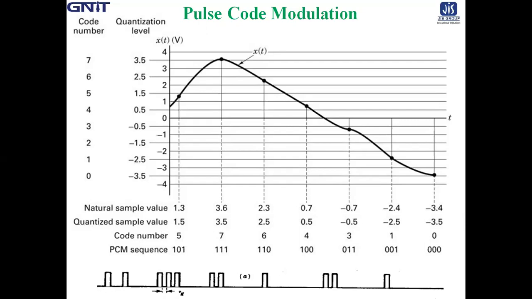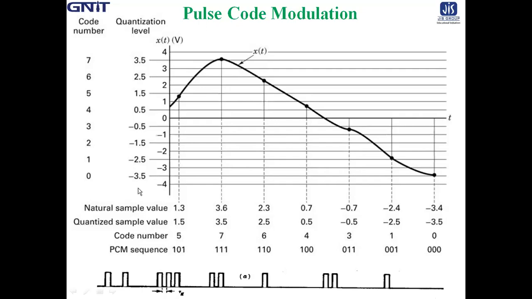Then the third step is the assigned code number. The code number for the quantization level 1.5 is 5. Similarly, for 3.5 it is 7, for 2.5 it is 6, for 0.5 it is 4, for -0.5 it is 3, for -2.5 it is 1, and for -3.5 the code number is 0.